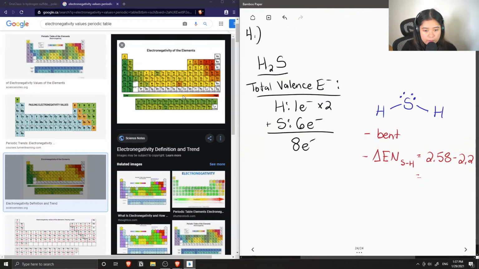When we find the electronegativity difference, we only get around 0.38, which isn't that big of a difference. So in fact, when we have an electronegativity difference that is less than 0.4, this makes our bond nonpolar.